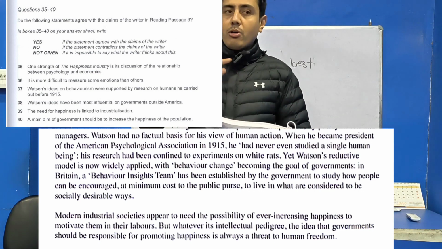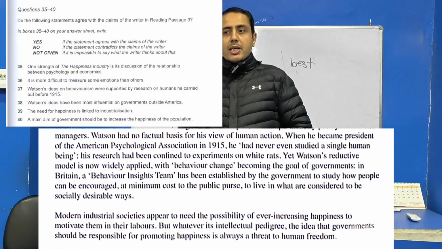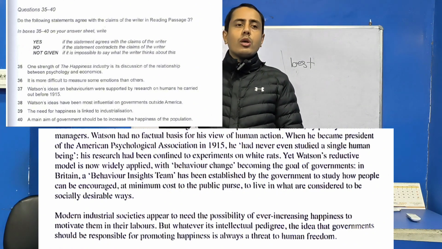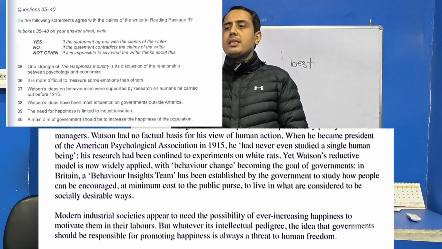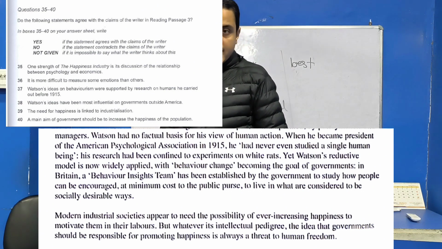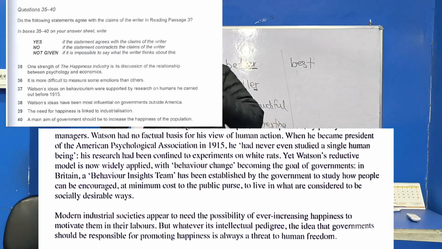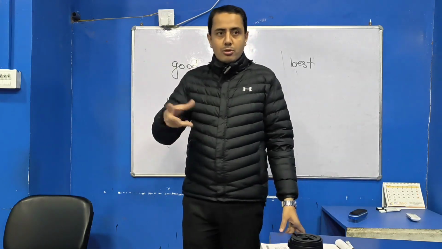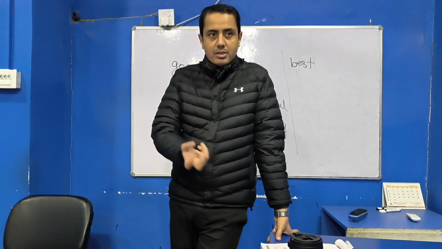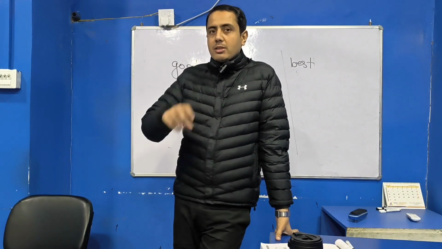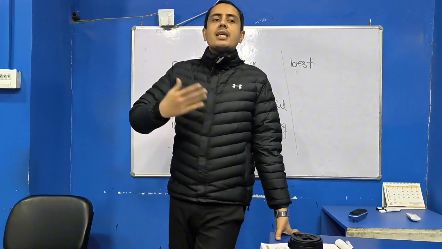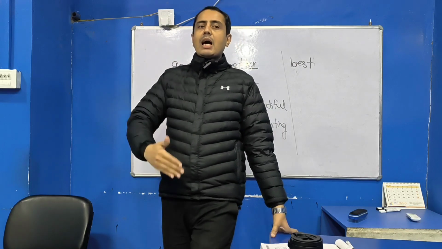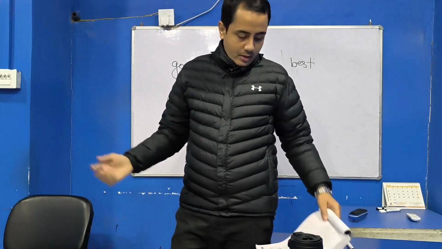The governments are following the idea that Watson gave, but governments outside America are more influenced than the governments inside America. Now, governments inside America, maybe the American national government, the federal government, maybe state governments. Each state has its own government. Maybe city or cities also have their own governments. So these governments are not as influenced as the governments outside America in other countries.